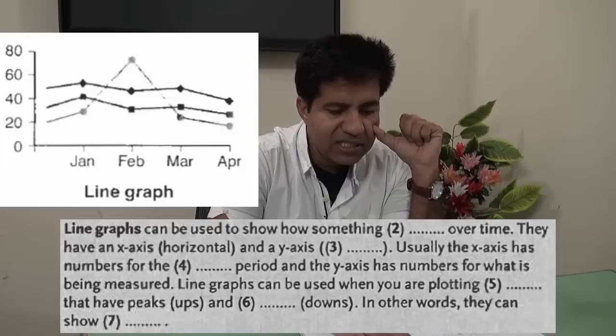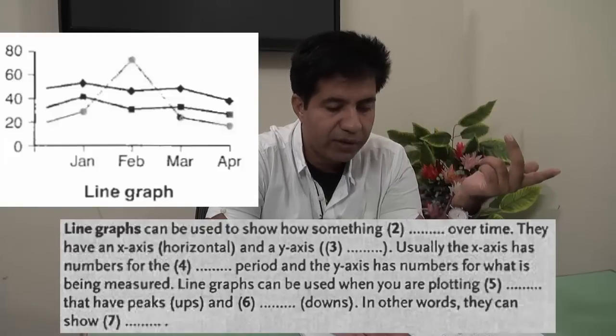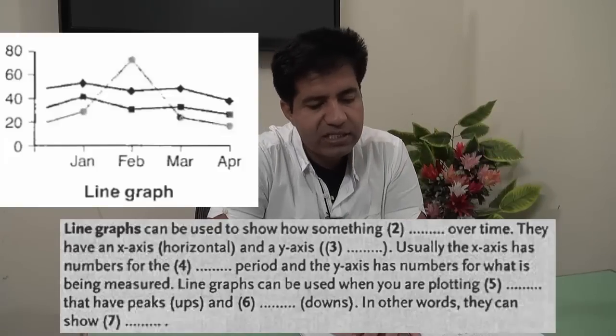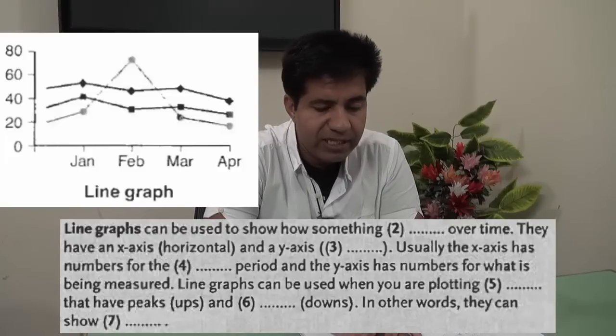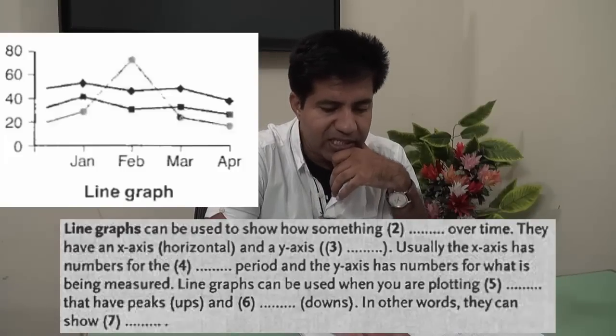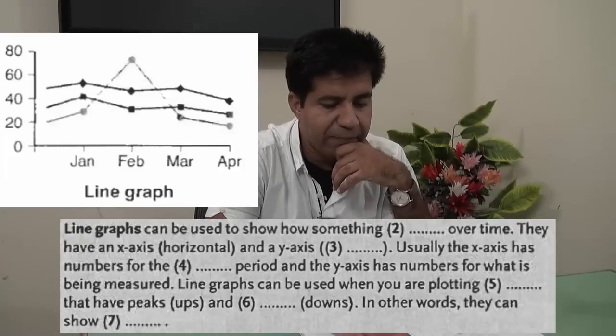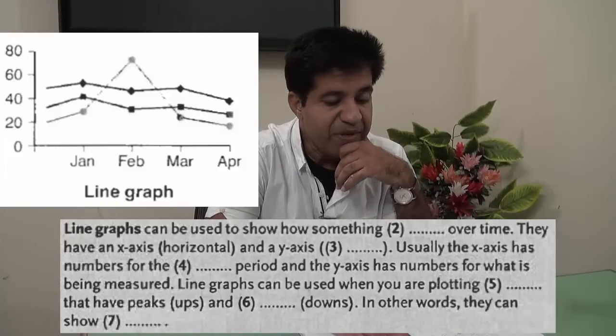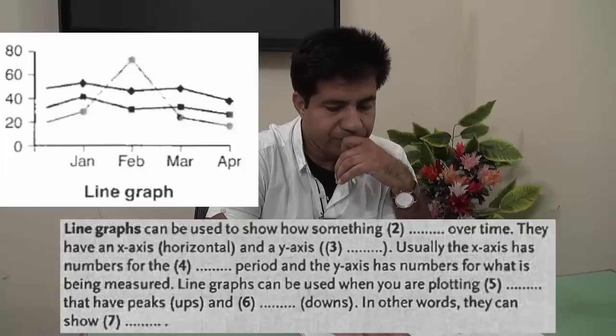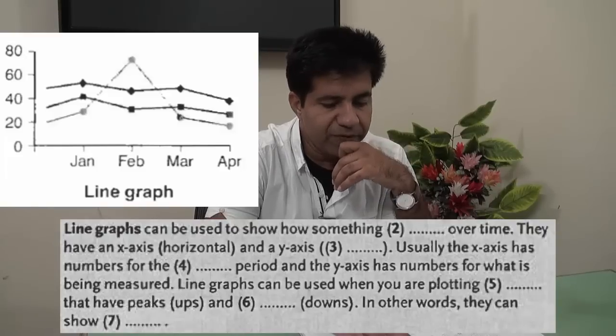They have an x-axis, horizontal, and a y-axis that is vertical. Usually the x-axis has numbers for the time period. Time will come there. The y-axis has numbers for what is being measured.